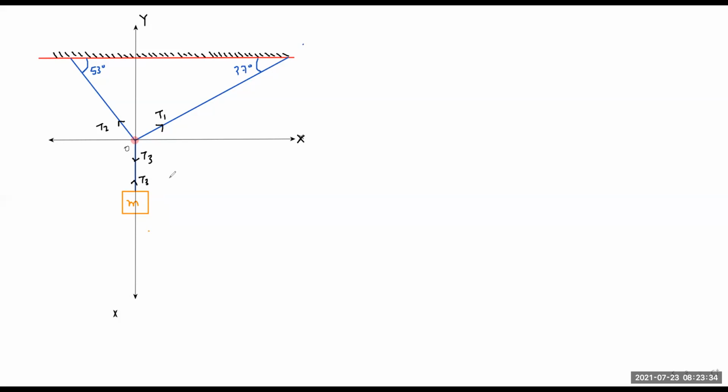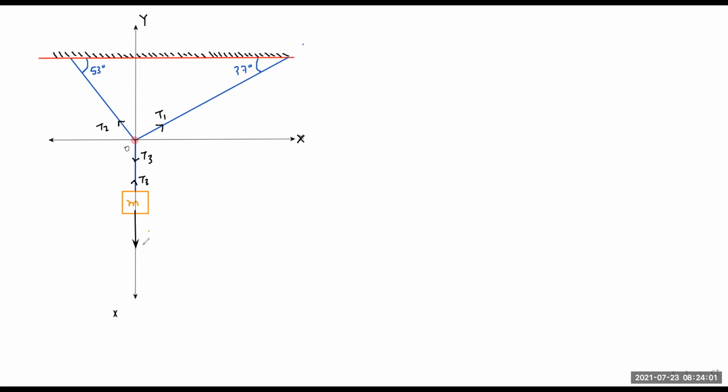Because the block has mass, gravity will pull in which direction? Downward direction. Correct. So you can draw an arrow representing the gravitational pull in the downward direction. And how do we write the value of the force?